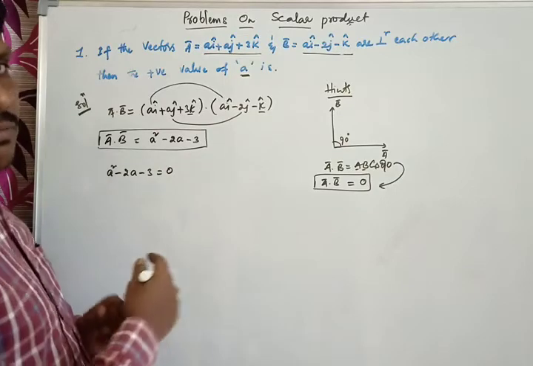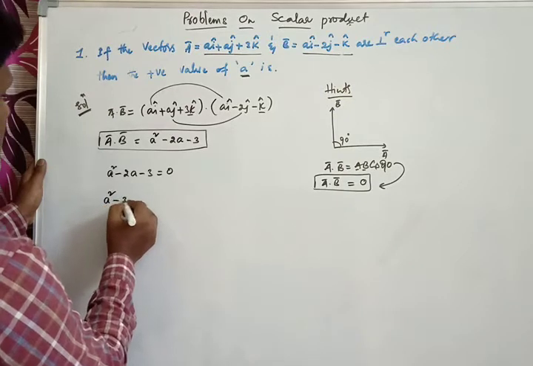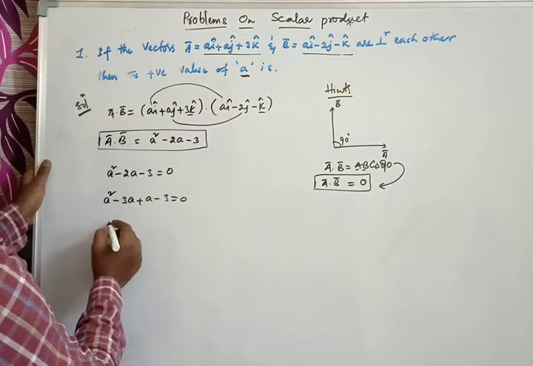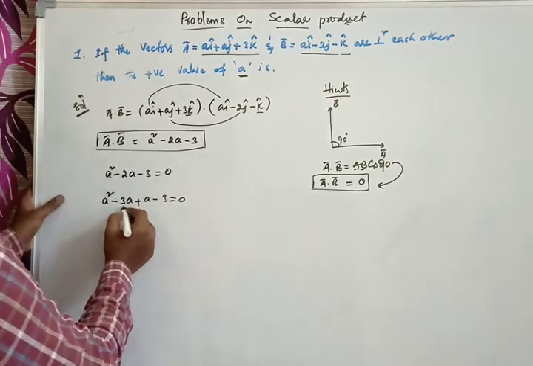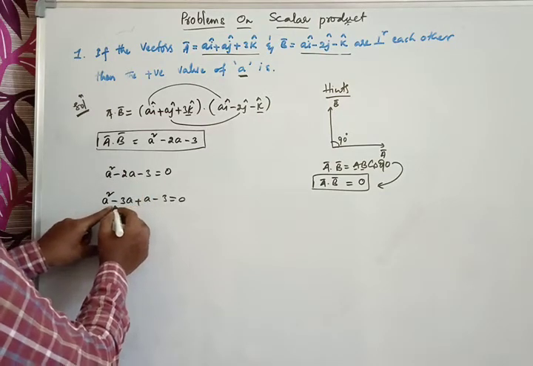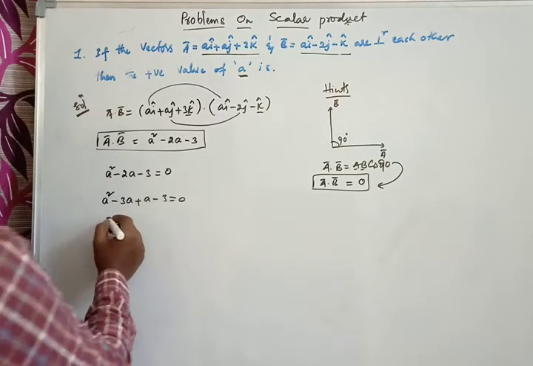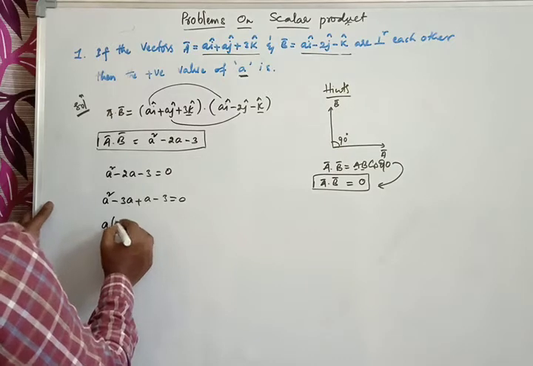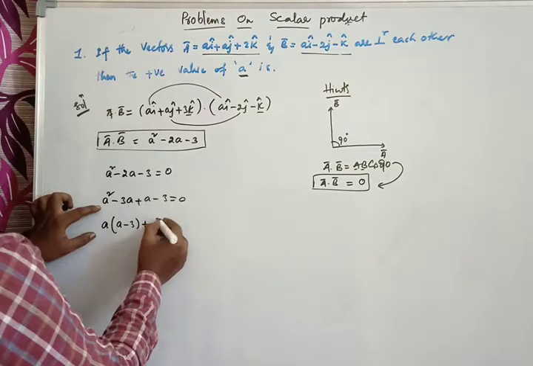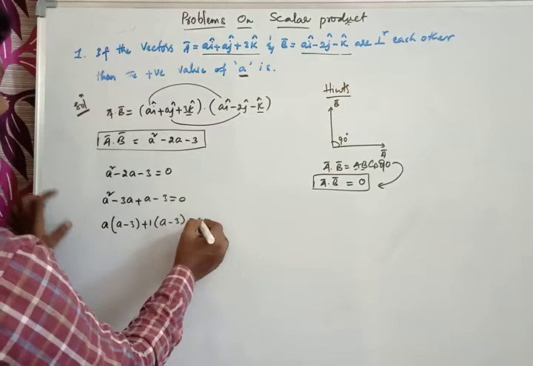So this is the quadratic form. Okay, we can write it simply as a square minus 3a plus a minus 3 equal to 0. Clear? So minus 3a plus a gives minus 2a, and a is common, so a into a minus 3 plus 1 into a minus 3 equal to 0.